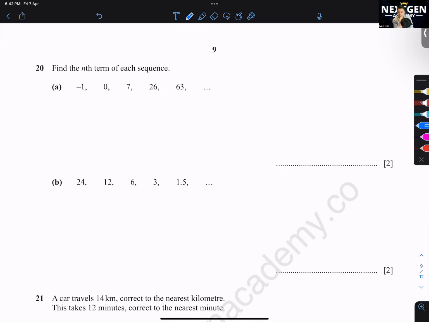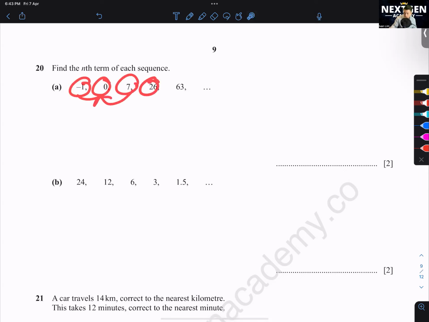Okay, Cheng Shao says the third difference is the same. Everyone go and check for your third difference. As mentioned to you all, the first thing that we always check is arithmetic. Second, if arithmetic doesn't work, you check for geometric. Geometric means I take the next value, divide by the previous value, and all will be the same.